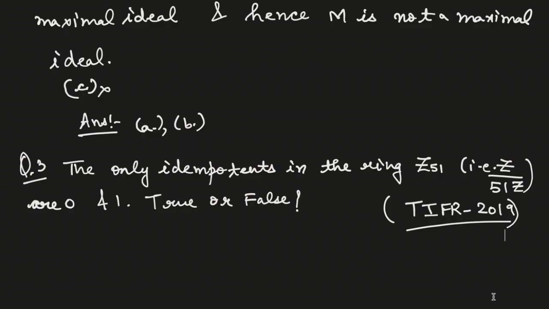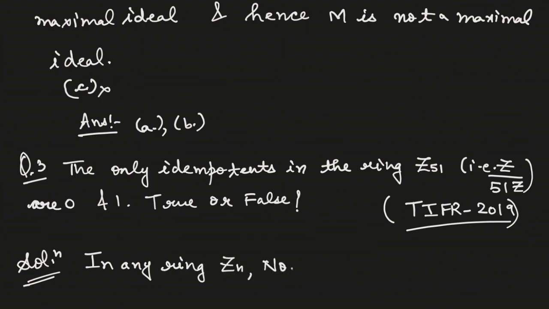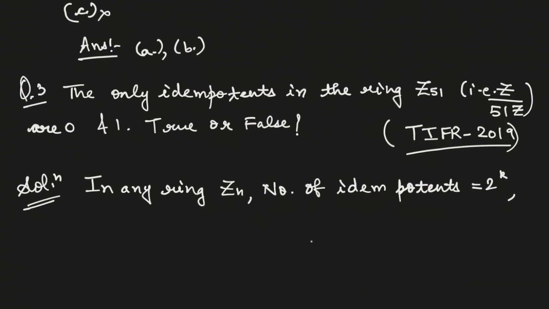I cannot check for which elements idempotent is there. So there is a formula for this. In any ring Zn, the number of idempotents is equal to 2 to the power k, where k denotes the number of distinct prime divisors of n.